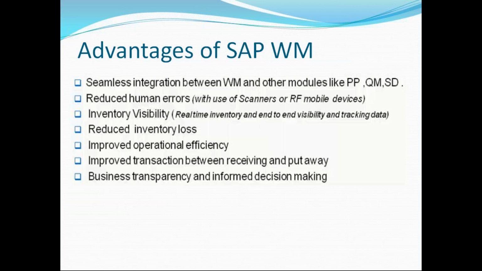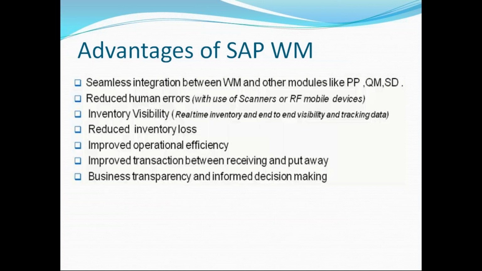The next main advantage of SAP WM is to reduce inventory loss. That means there won't be any inventory loss in SAP WM. All the inventories are counted in the SAP warehouse management system, and for all the movement of material in SAP warehouse management, we have the track and trace.